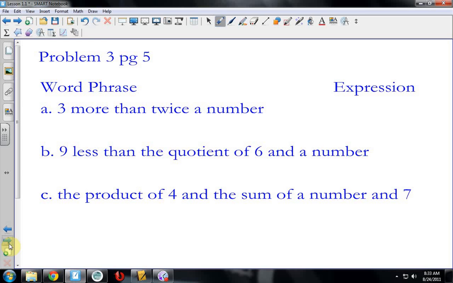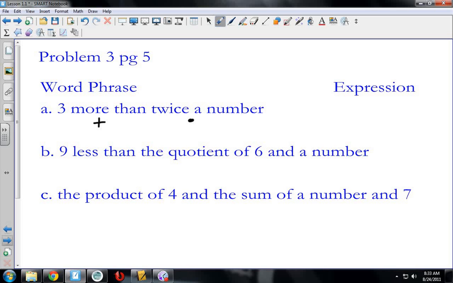All right, problem 3. We're coming up with some more expressions, so let's try to get through these. A is 3 more than twice a number. Now this is a little bit more because what operations do you guys hear in there? Yeah, plus, and then twice a number is multiplication.